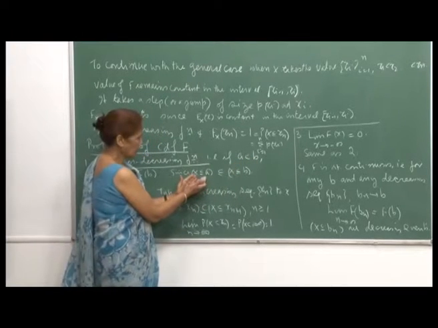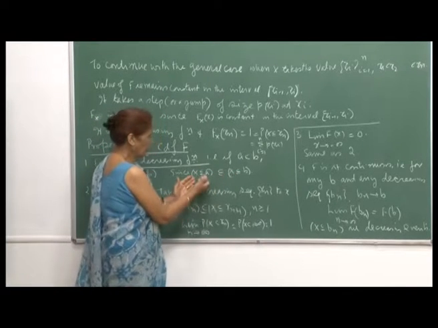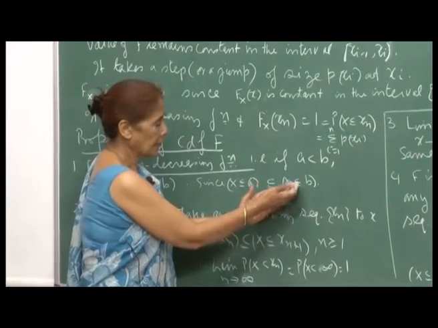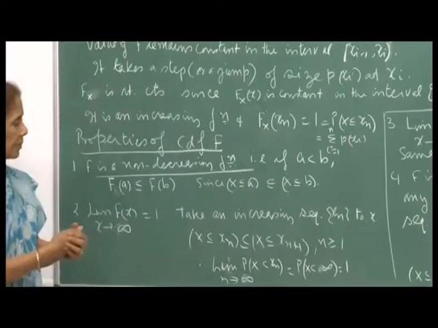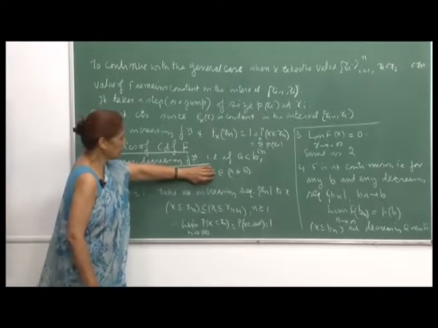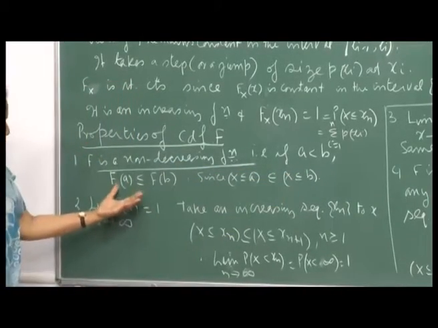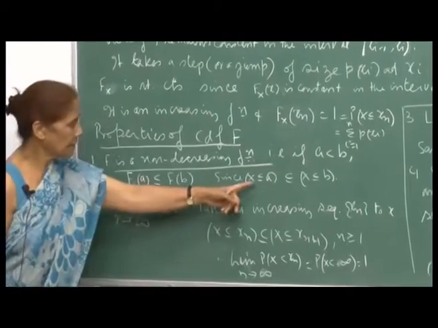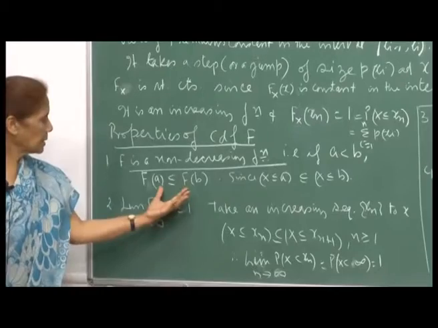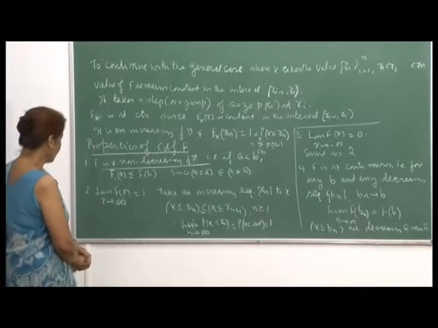So all the points of the sample space which give you this event are also here, and therefore, as we have seen from our proposition using the axioms of probability, the probability of this event must be less than or equal to the probability of this event. That is what this represents. Therefore this inequality follows, and so the function is an increasing, that is, a non-decreasing function.